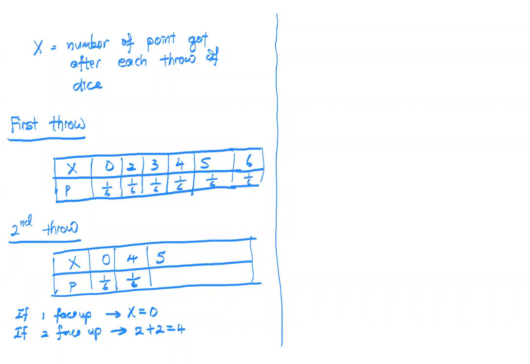If I got 3, and if 2 faces up, then I will get 5. So it can go on and on. If in the first throw you got 3 and 2 faces up, then you will get 3 plus 2.